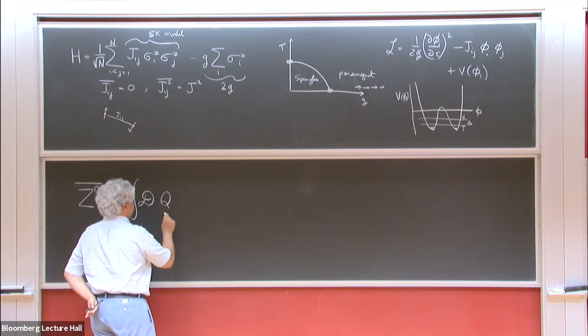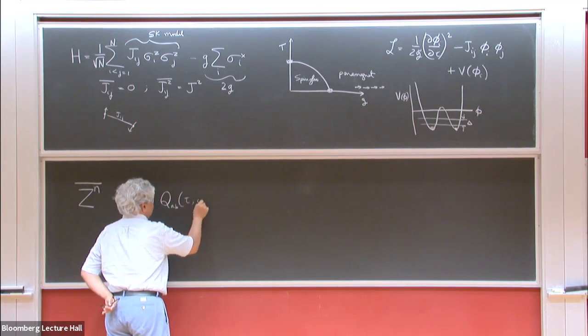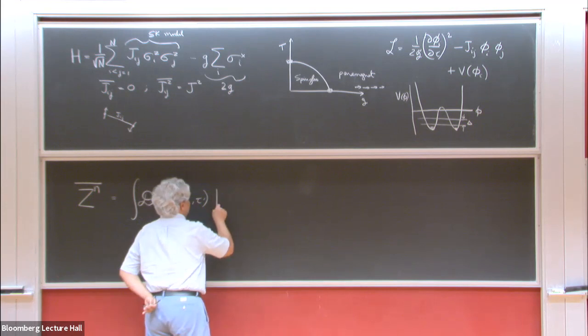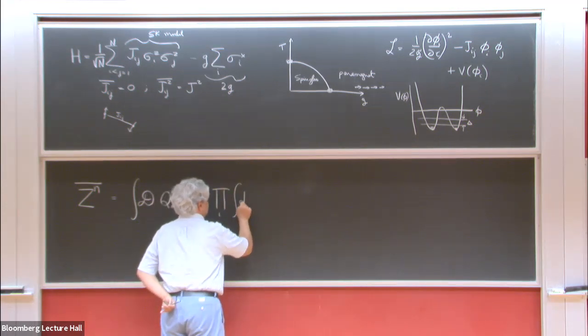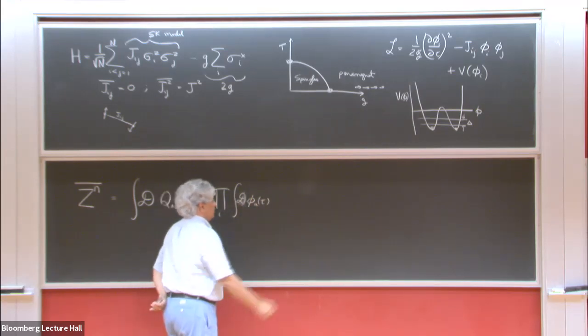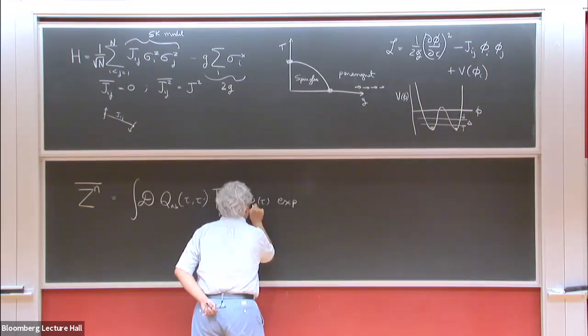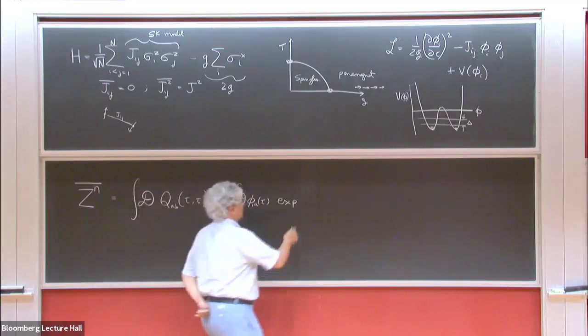There's a field Q_AB of tau and tau prime, and then you'll have a product over i, integral d phi_A of tau. Q doesn't have any indices of space.